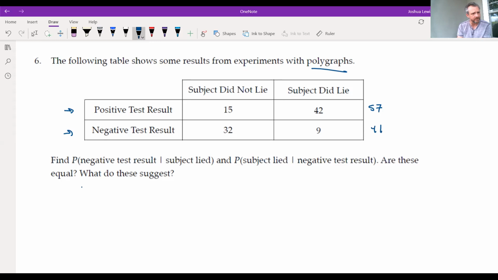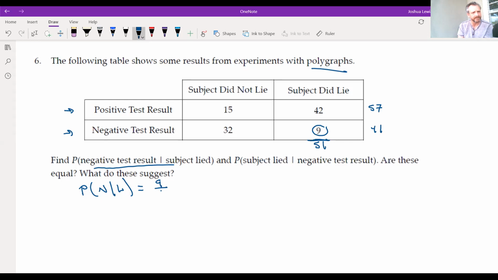So what we want to do is compute these. So a negative test result given lying. That's this first one. Now remember what that is. This is conditional. This means that I'm looking only at these 51 liars. And of the 51 liars, how many had a negative test result?